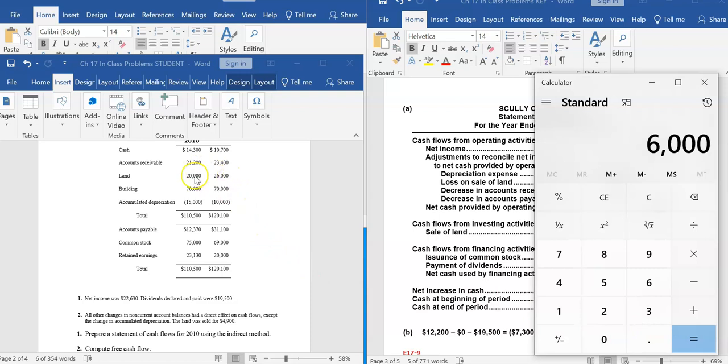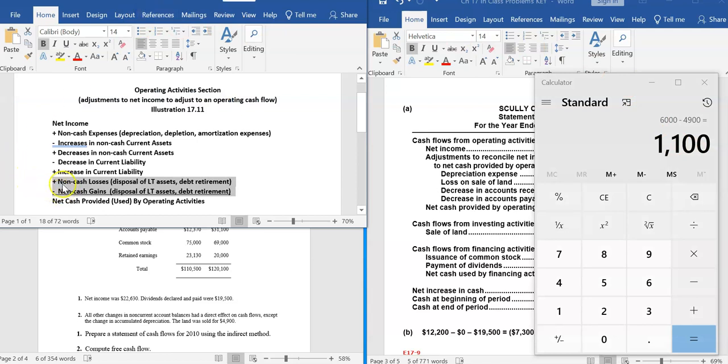So we sold land that had a cost of $6,000 and we sold it for $4,900, so we must have recorded a loss on the sale of that land of $1,100.